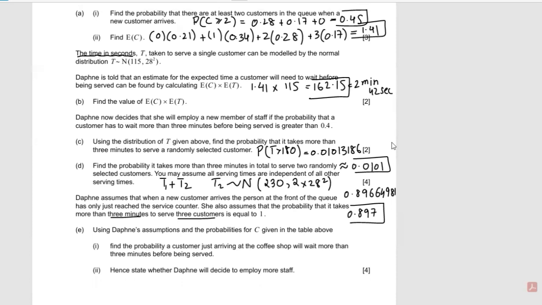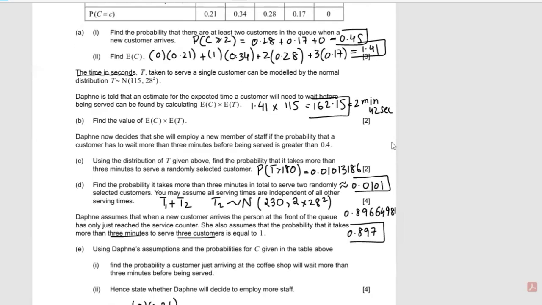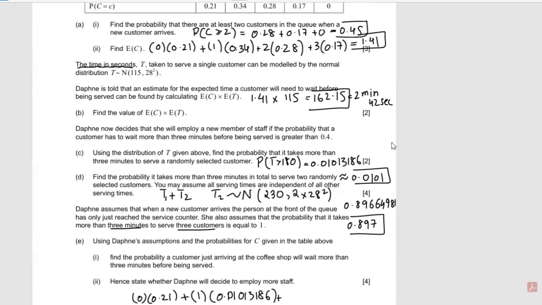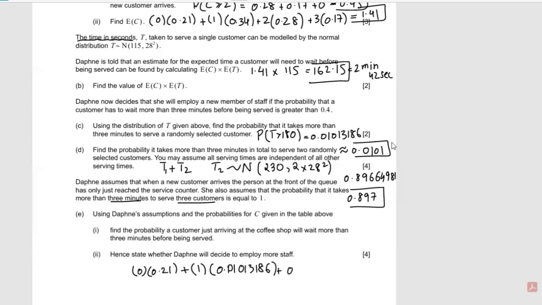If no customer is in the queue, there is no waiting time, so that is just a 0. For one customer, we already found it for more than 3 minutes, that's 0.0101. And for two customers, I need to put the probability 0.28, so that's the probability of two customers.